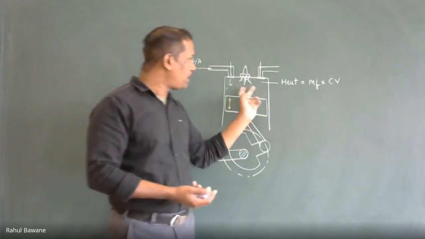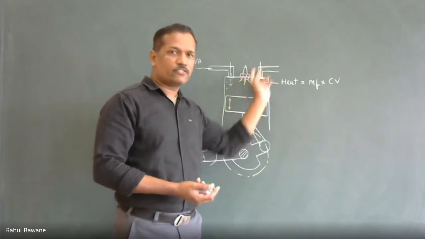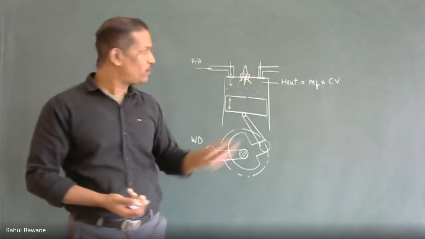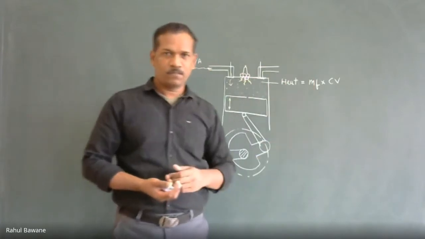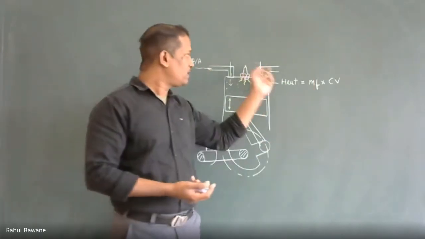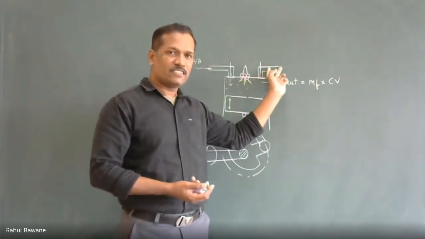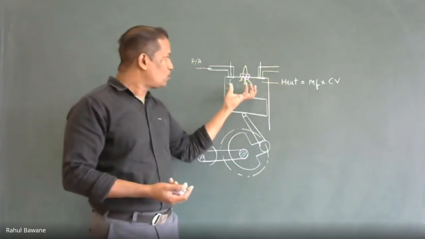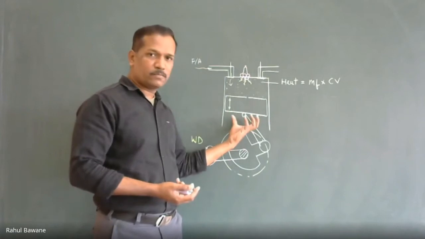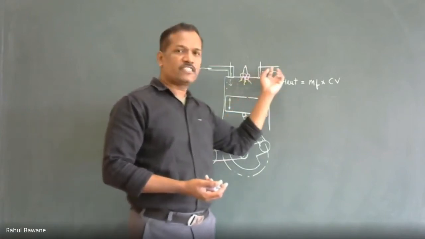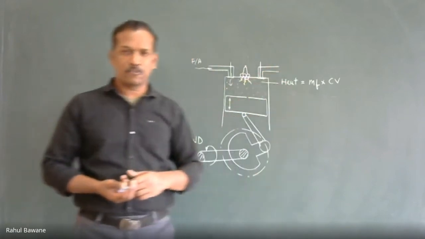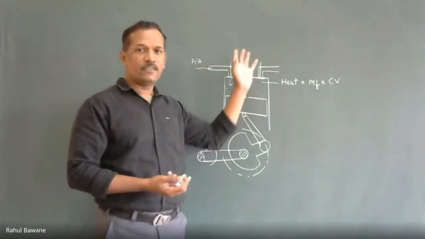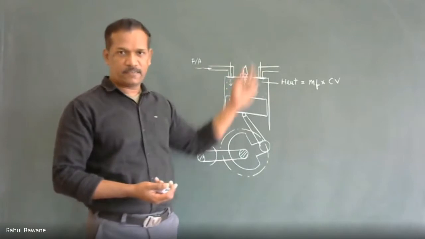The remaining part, along with the exhaust gas, moves out and enters the atmosphere through the silencer. If you check the outlet of the silencer, that exhaust gas has some temperature. That means total heat is not utilized by the piston. Some heat is exhausted through the exhaust gas also. And ultimately there is radiation, so some heat directly radiates.